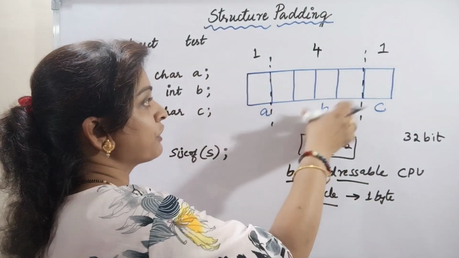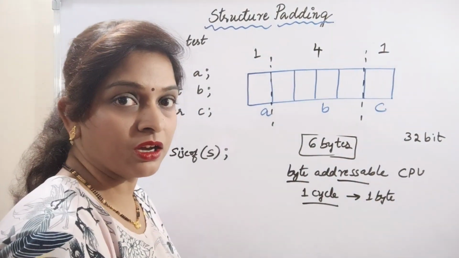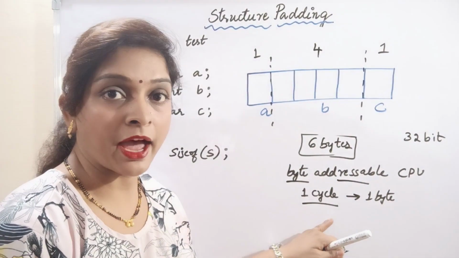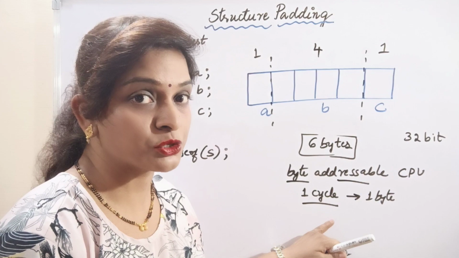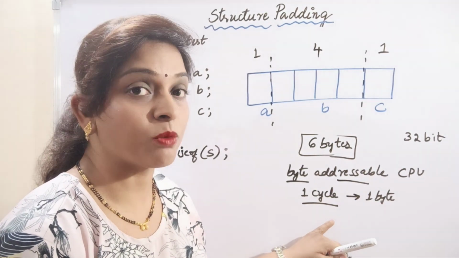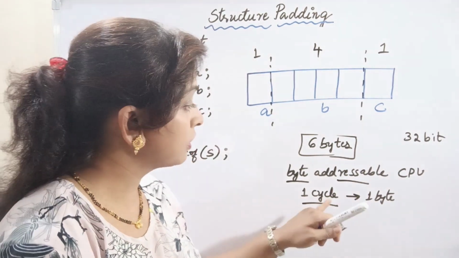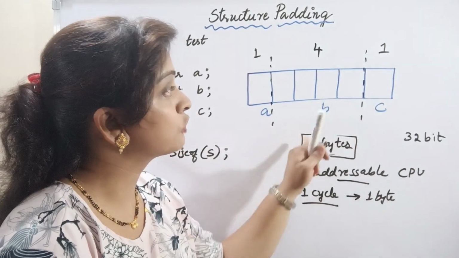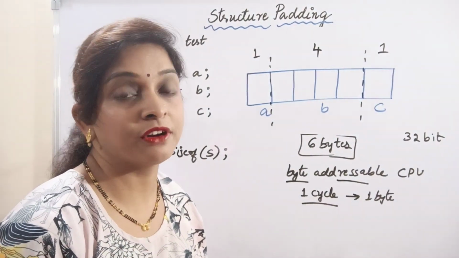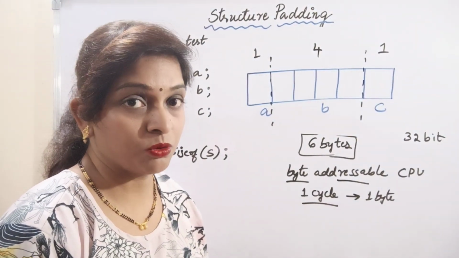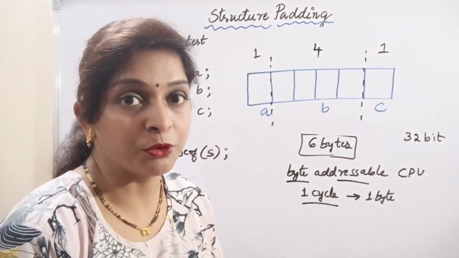So in order to fetch this complete integer data, it needs 4 cycles. So the efficiency and performance is low. It has to have 4 cycles to fetch these 4 bytes of data. So it has been improved now.